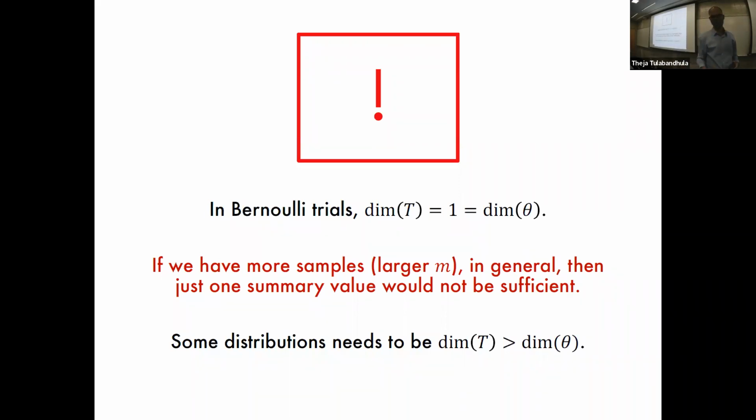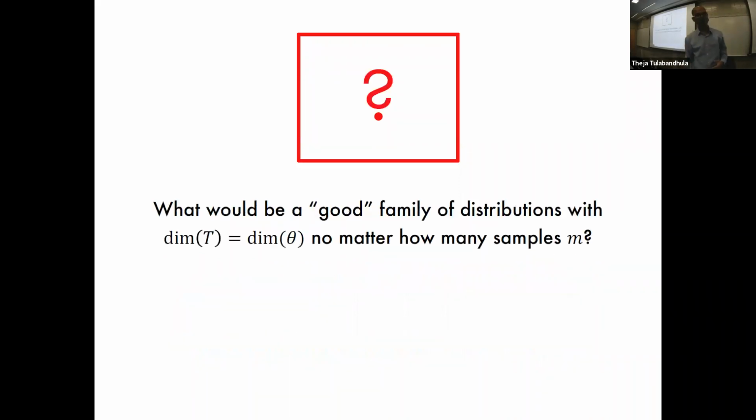But there is a good family of distributions, P of y given theta, for which the number of sufficient statistics that you need, where each statistic is a function which produces a real number, like the average or the max, is the same as the number of parameters that you're estimating.